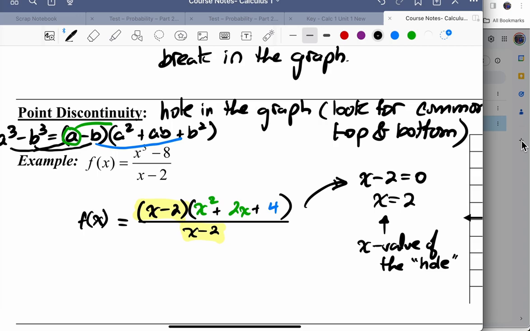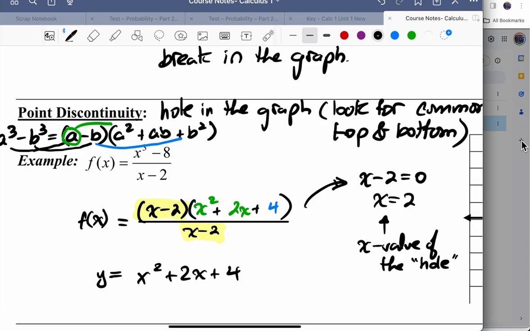Now by simplifying the function, so you go ahead and cancel, we would get y equals x squared plus 2x plus 4. If I want to find the y value that corresponds with the hole, I wouldn't plug the 2 into the original function because that's just going to zero out. It gives you what's called an indeterminate expression.